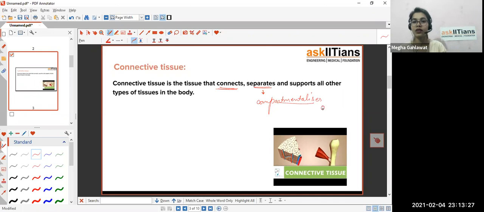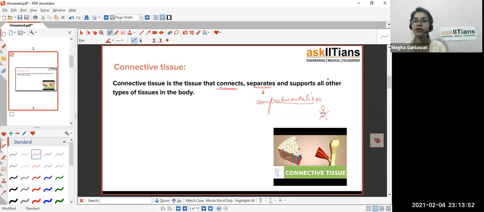For example, if this is our body, I'm so sorry for this stupid diagram, I'm kidding. Our lungs are supposed to be here and the stomach is supposed to be here. So it keeps these things in their places instead of letting them fall down or aggregate at one particular corner in the body. It separates and makes the spaces.